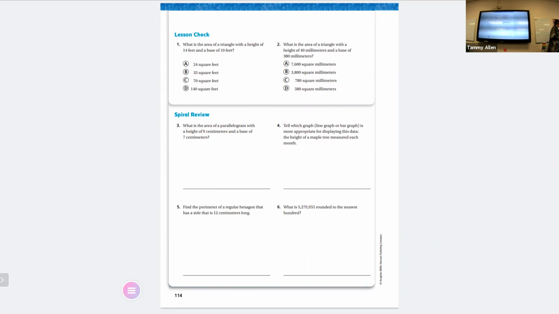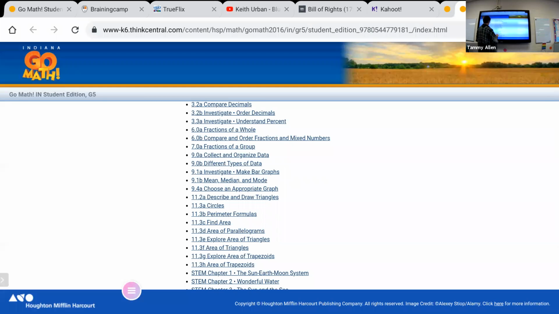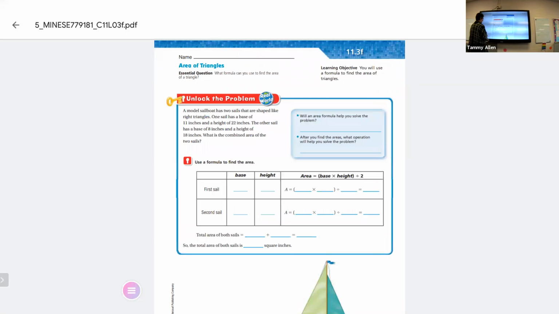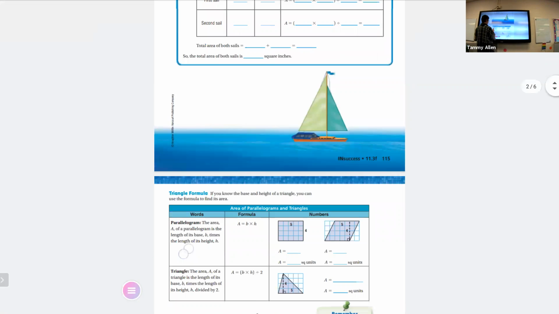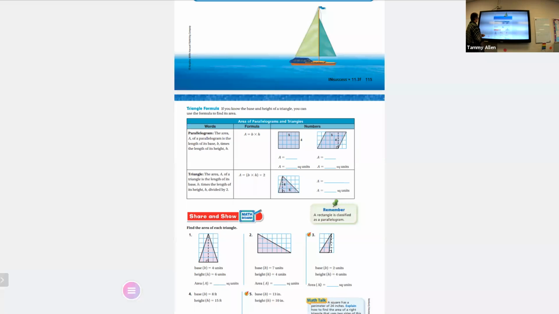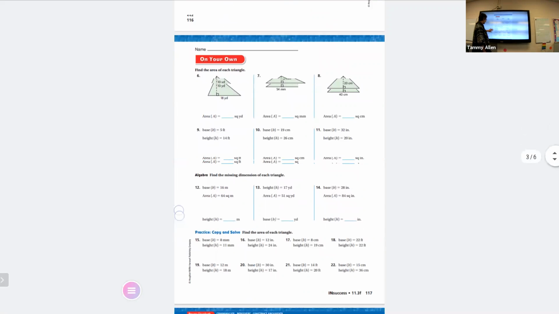All right. As we take a look at the next section, on page 117 is where I want to be.